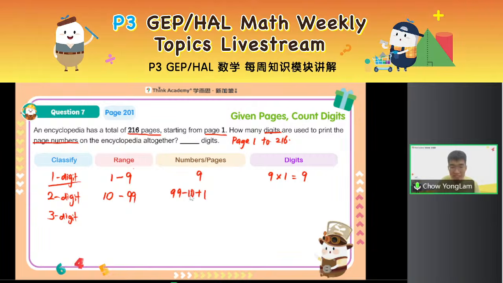Ending minus starting plus 1 will give you the correct number of pages, which is 90. So I have 90 pages in total. Each page is a 2-digit number. 90 times 2 is equal to 180 digits altogether.